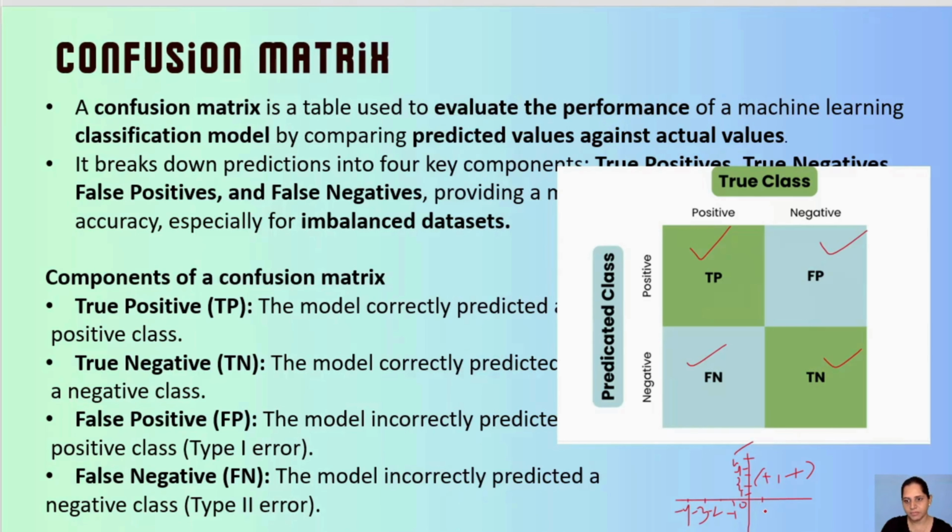On this side, 1, 2, 3, 4, 5. Similarly here, -1, -2.